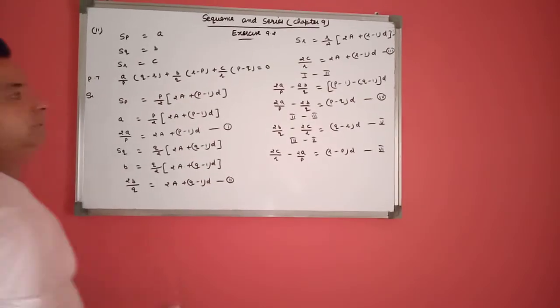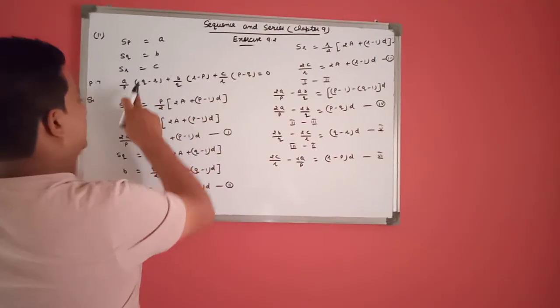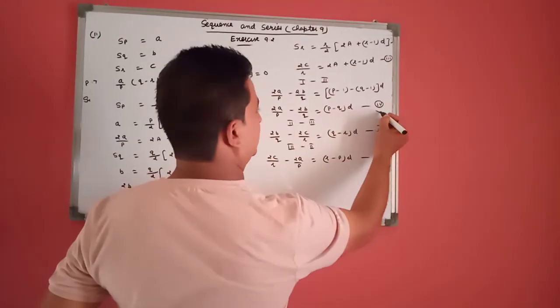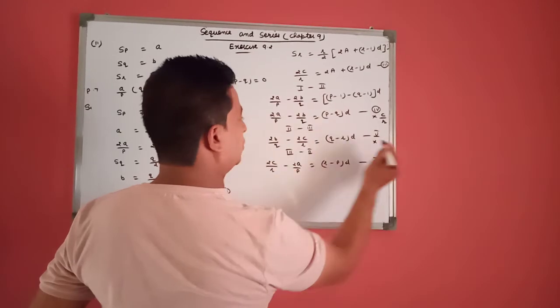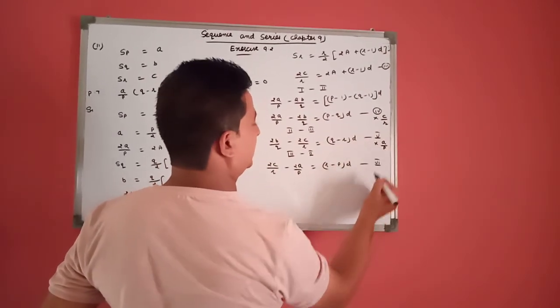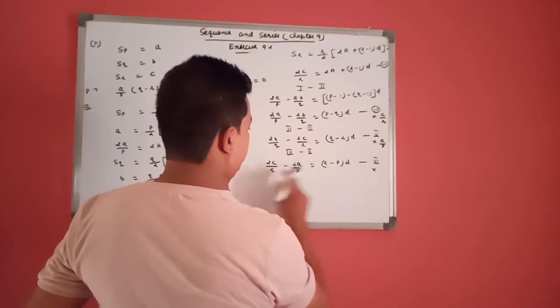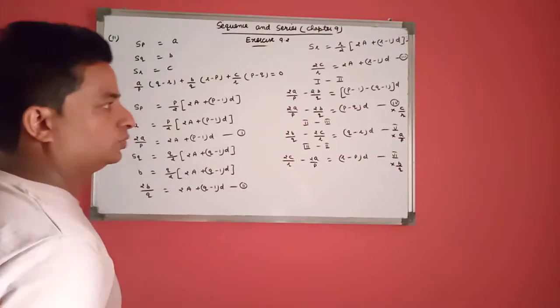In this question, here we do not have c upon r. So multiply this equation by c upon r. Here we do not have a upon p. Multiply this by a upon p and this by b upon q and add all these equations.